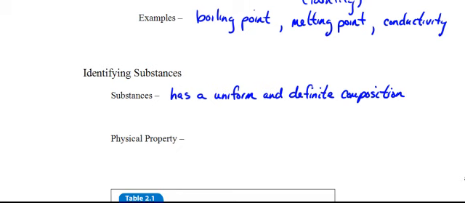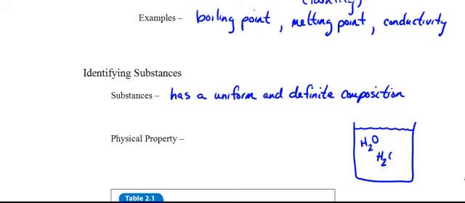Now, what do we mean by uniform and a definite composition? Well, let's just say, for example, we have a glass of water. So here's our glass. I'm sure everybody knows that water has a composition or a formula of H2O. And if you have a glass of pure water, it is exactly H2O, and it's H2O everywhere. It does not change.